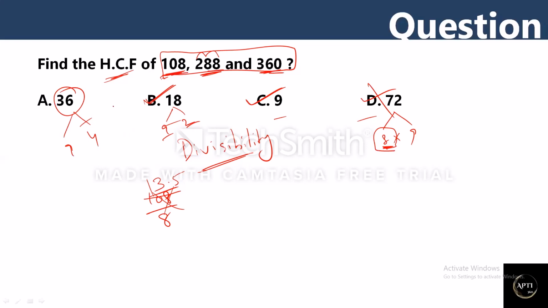Now if you observe, all these numbers are divisible by 36, 18, 9. I can say that all these, 9, 18, 36, are factors of those numbers.